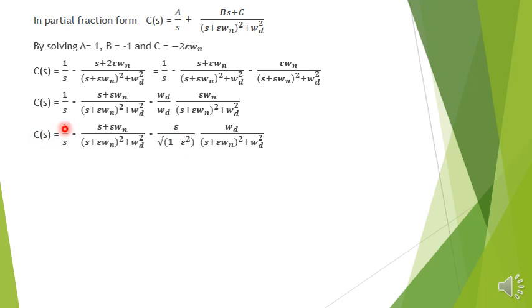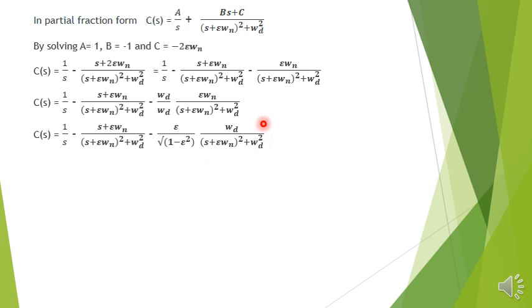C of S equal to 1 by S minus S plus zeta omega n divided by S plus zeta omega n whole square plus omega d square, minus zeta omega n by omega d, that becomes zeta by root of 1 minus zeta square, into omega d divided by S plus zeta omega n whole square plus omega d square.